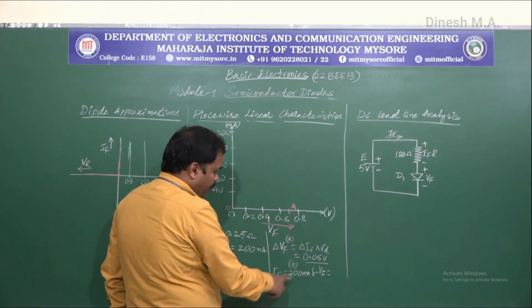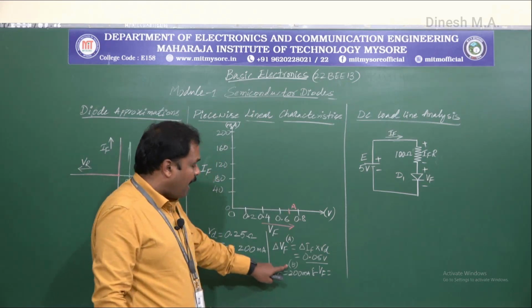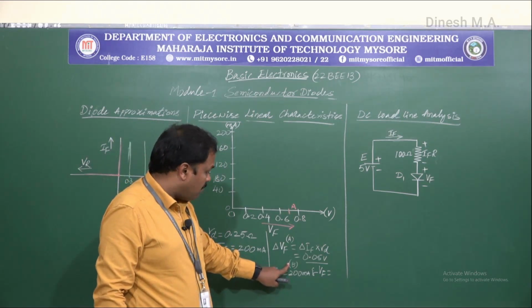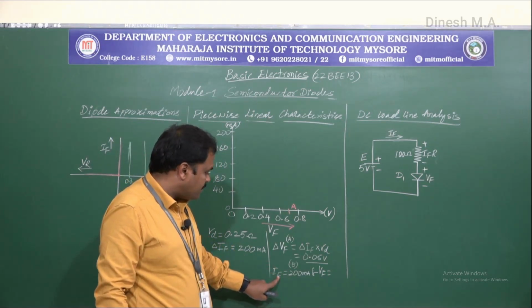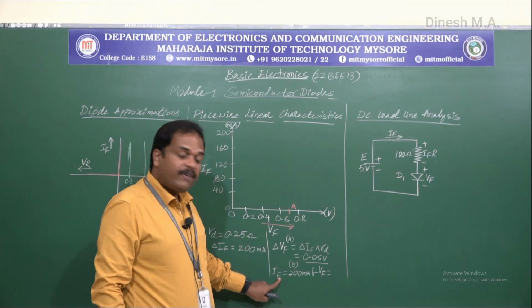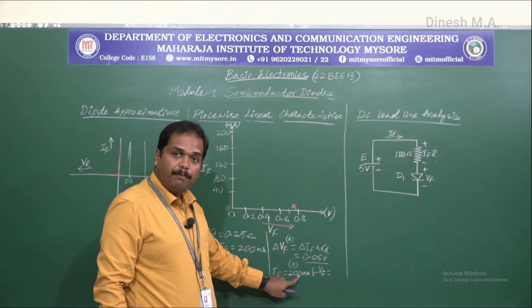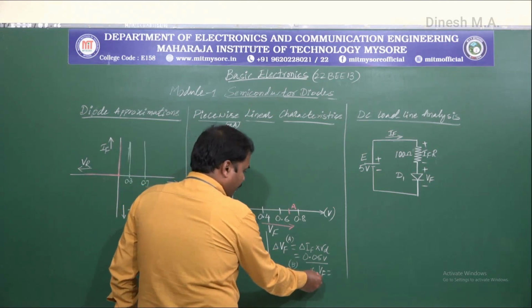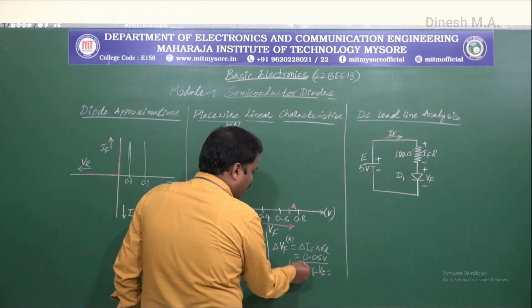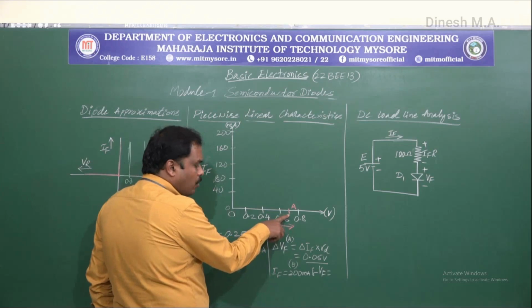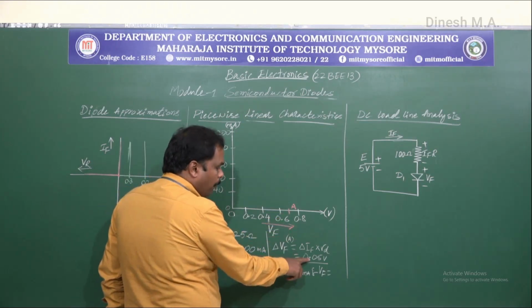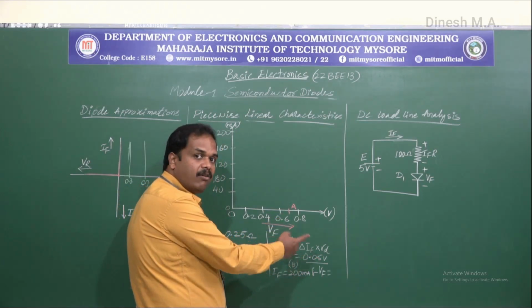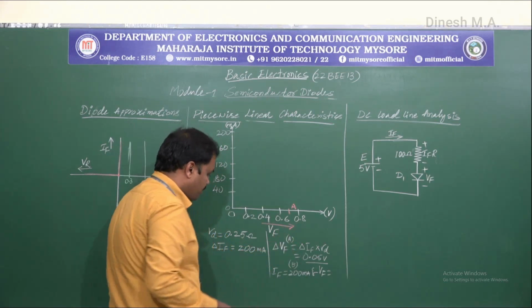So now with the help of this, we'll mark point B. In order to mark point B, what we need is IF, specified as 200 milliamperes, and then VF we need to find out. So VF is going to be what? The 0.7 volts what we have plus 0.05 volts delta VF, that is what needs to be considered.